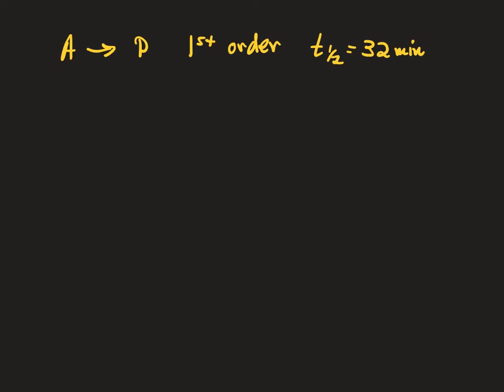Here we're given a reaction where our reactant A goes to products. We're told that it's first order and its half-life time is 32 minutes. Since it's first order, we can consider our first order rate equation: the natural log of our concentration of A0 over the concentration of A equals KT. And we know at the half-life time that this ratio is 2.